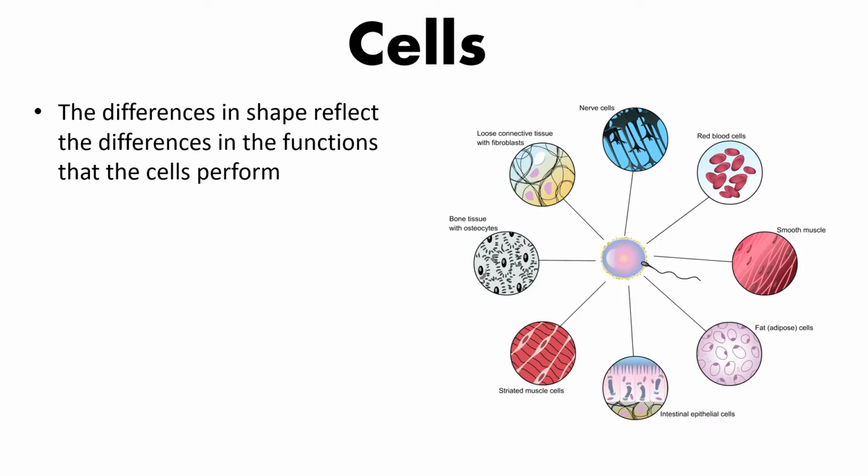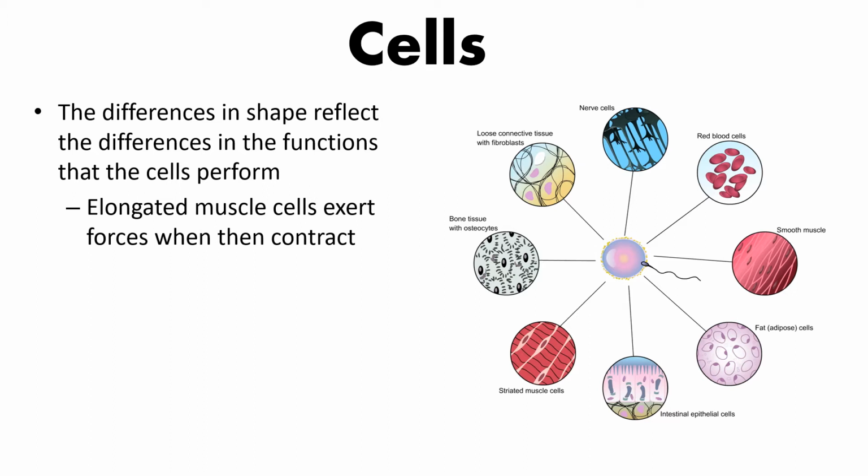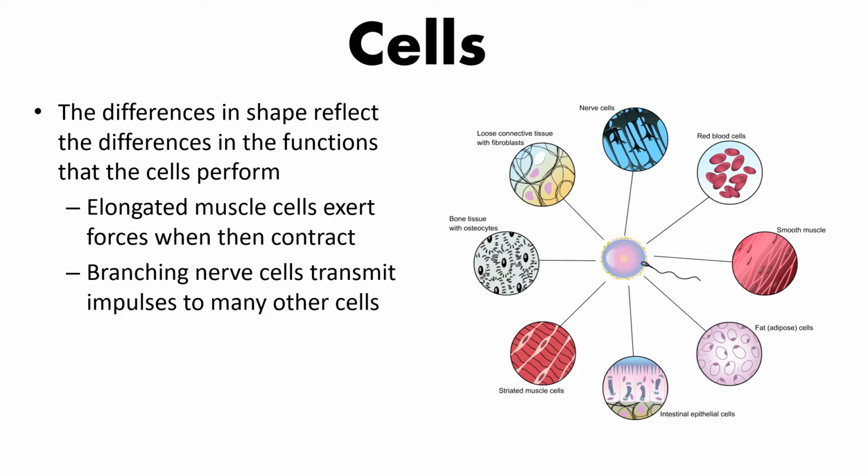The differences in the shapes of the cells are going to reflect differences in their function. So the reason why we have really elongated cells for muscles is that they'll be able to exert force when they contract. And the reason why nerve cells have so many branches is so they can connect to many other cells and transmit this neural information.